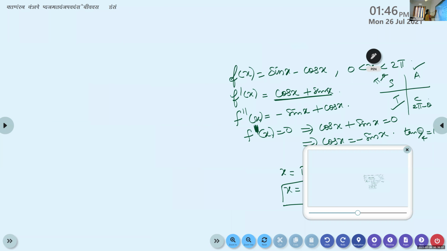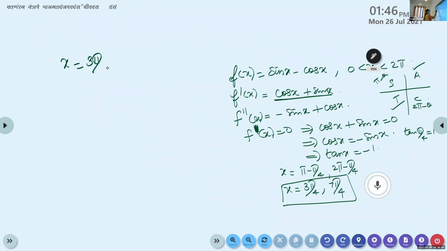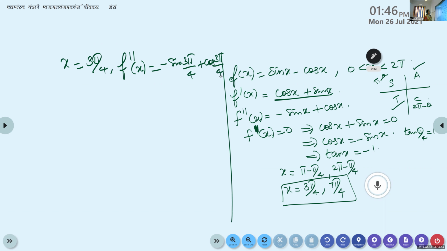So when x is 3 pi by 4, we substitute in f double dash of x. What is f double dash of x? It is minus sine 3 pi by 4 plus cos 3 pi by 4.